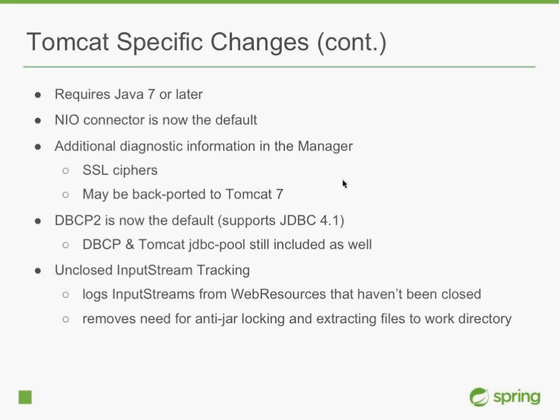The unclosed input stream tracking is an addition to the leak prevention features that were first presented in Tomcat 7. These aim to spot when your application or some component of your application, perhaps a framework library that you're using, is misbehaving and is not closing resources that it's using. In this case, we're seeing an addition of input streams that are no longer closed.